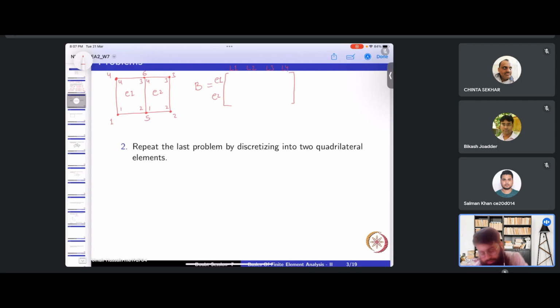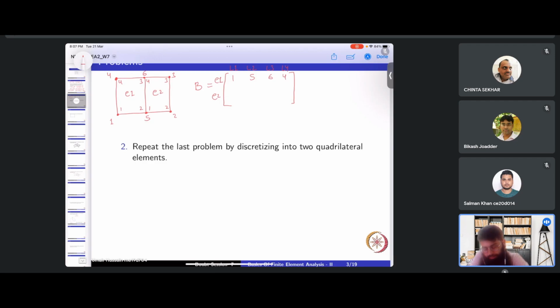We have four columns, so it's a 2 by 4 matrix now. For element 1, we have connectivity in the order of 1, 5, 6, 4.